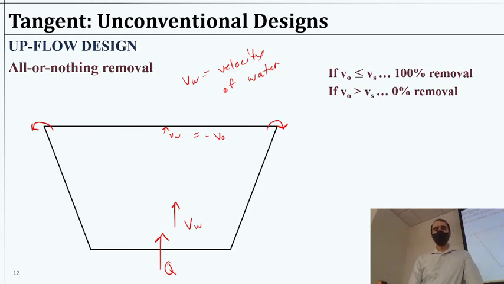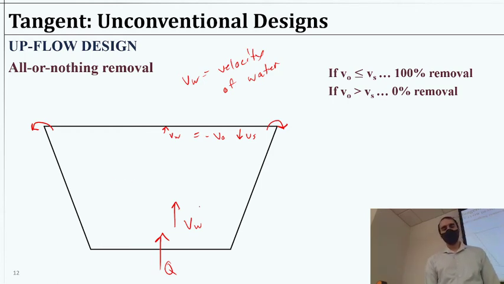But whatever happens, if the speed at which the water is going over is at all lower than the speed at which the particles will settle, then the particles will all be removed. So none of the particles will push past the barrier and flow over the system, because they are now sinking faster than the water is moving over the edge.